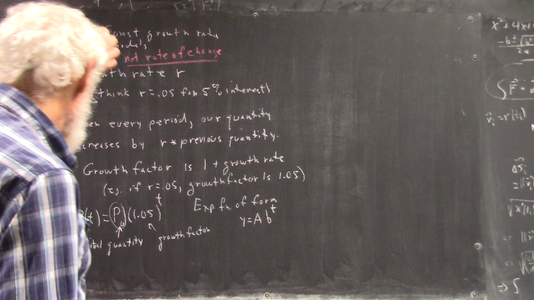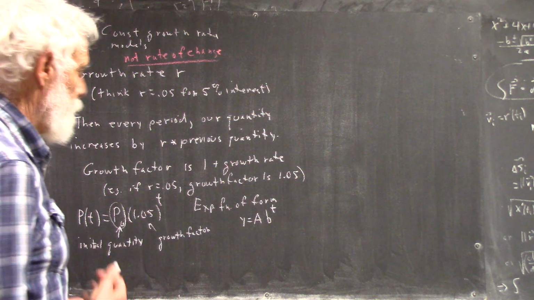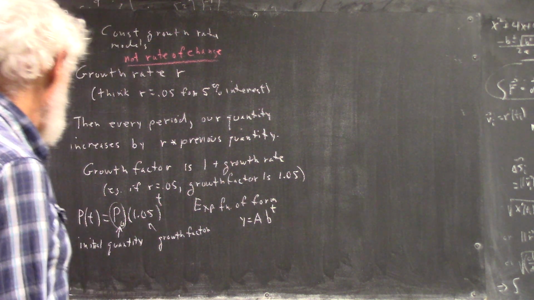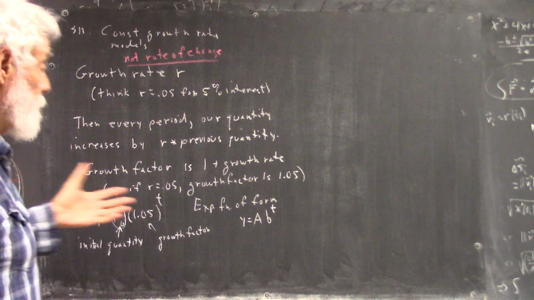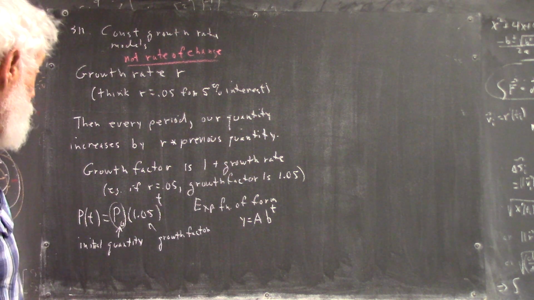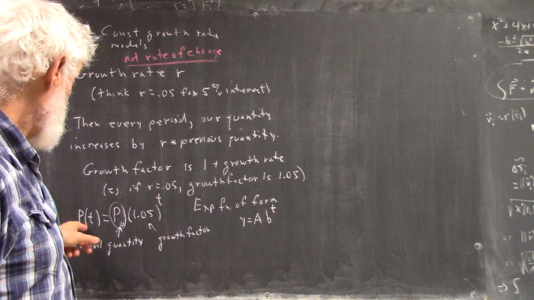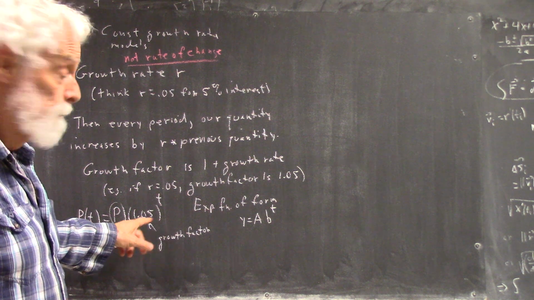So this is an exponential function. We can determine its doubling time. We can do just about anything we need to. Now, if this is a population of an animal herd or something, maybe that population is growing at 5% per year. And right here we have another model.